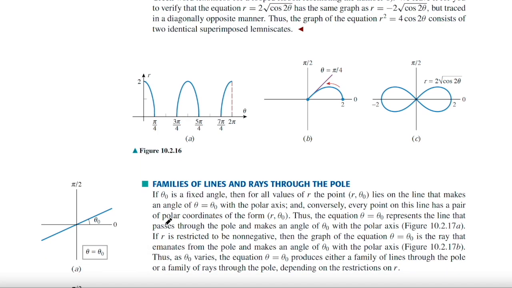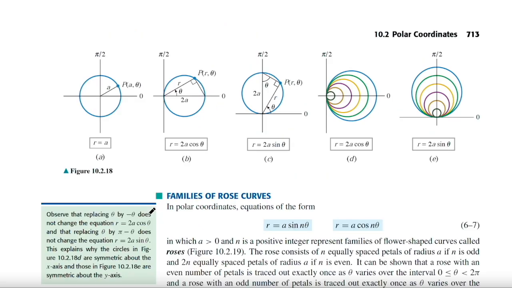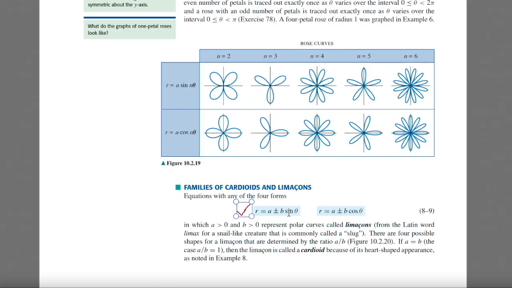And families of cardioid are r equal to a plus minus b cos theta, or r equal to a plus minus b sin theta. These are called families of cardioids and limacons.